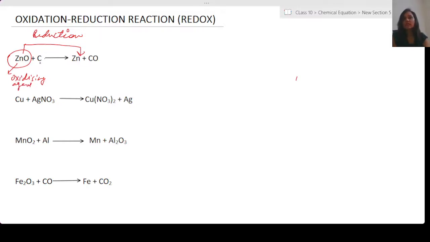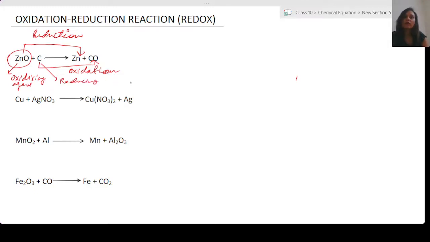Similarly, if you see C, here C is changing to CO. So there is a gain of oxygen. The C is accepting the oxygen. So this is an oxidation reaction, right? And C will become the reducing agent.